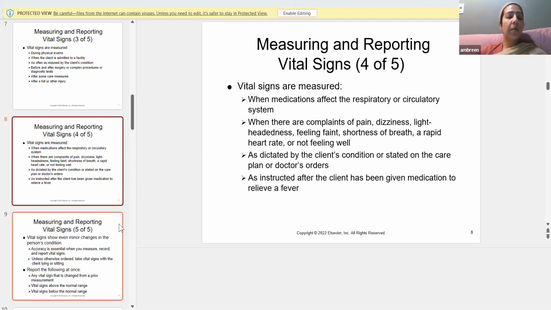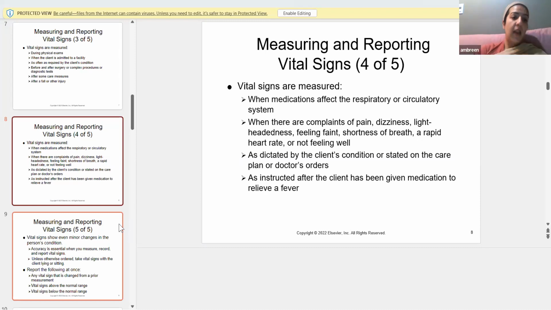Some medications, some blood pressure medications we give to our clients, work very, very fast and bring down the blood pressure. Let's say my client has not been eating very well for 2 days. His blood pressure, would it be high? No. He's not drinking, he's not eating.